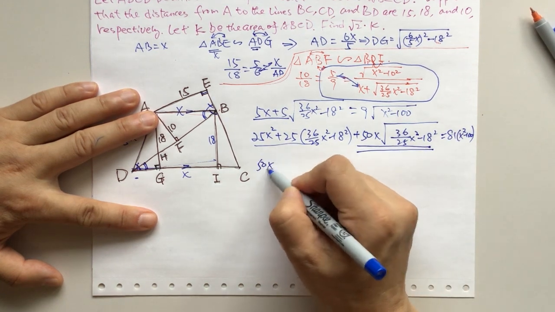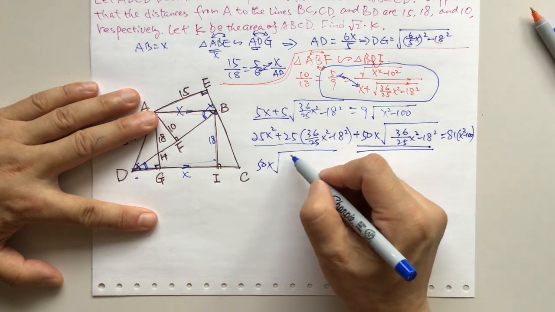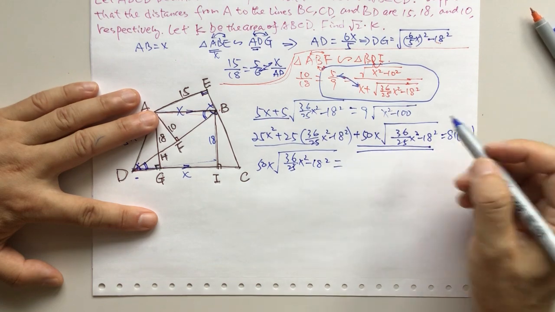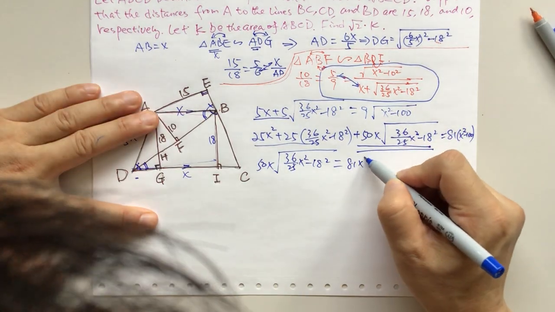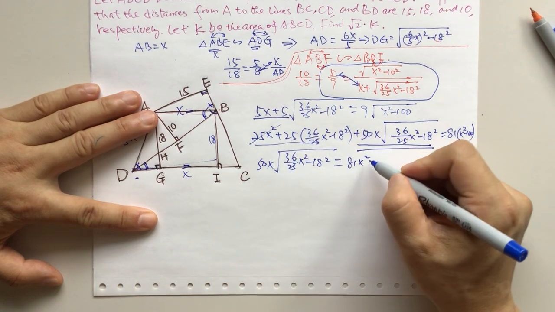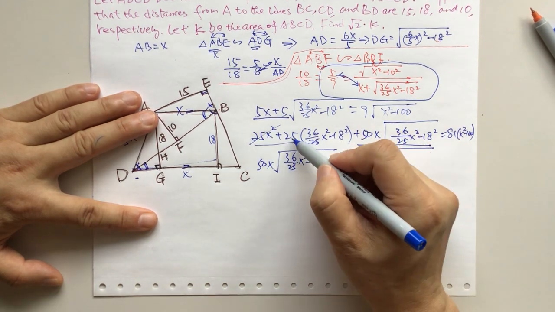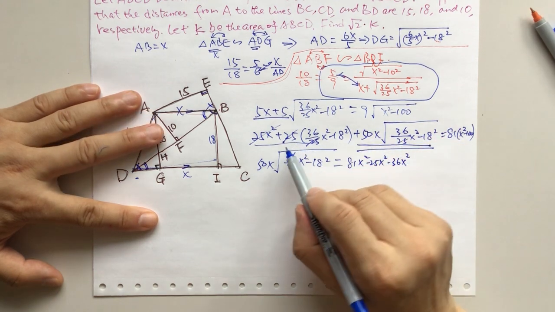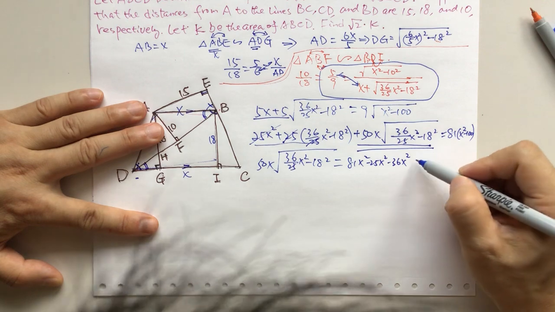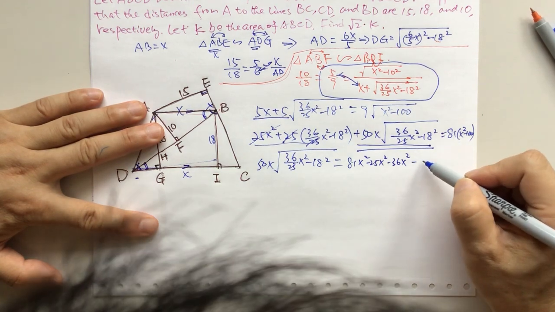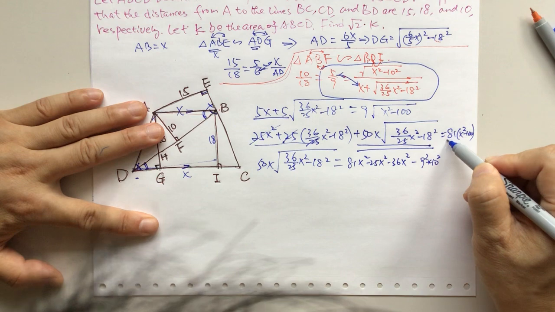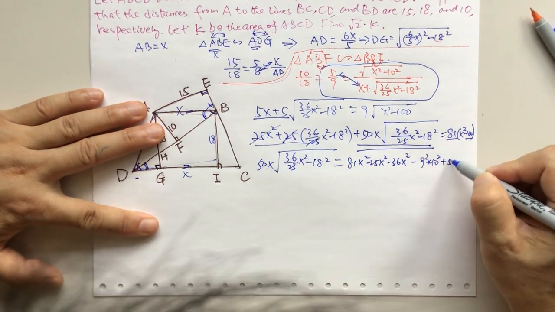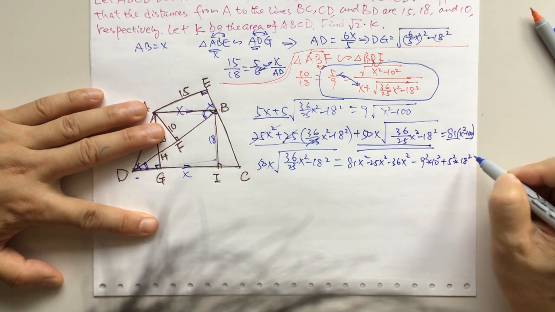So 50x times the square root of 36/25 x squared minus 18 squared equals 81x squared minus 25x squared minus 36x squared, and here 9 squared times 10 squared, and here plus 5 squared times 18 squared, right?